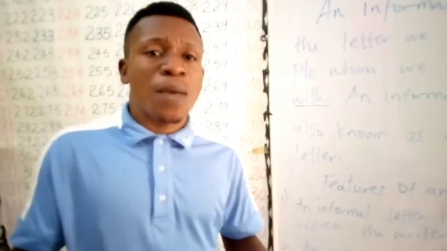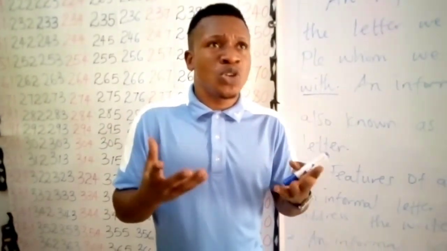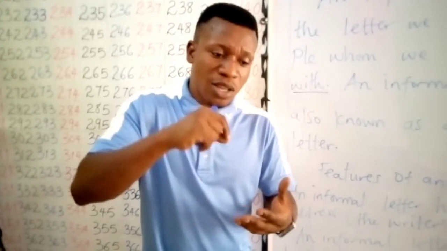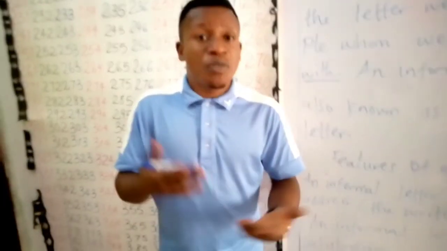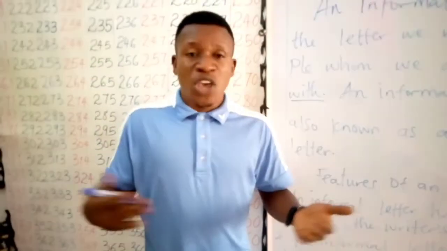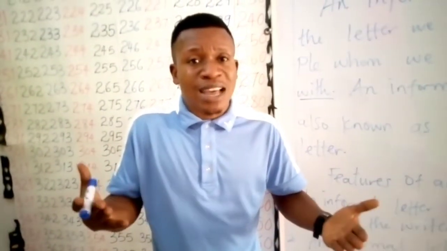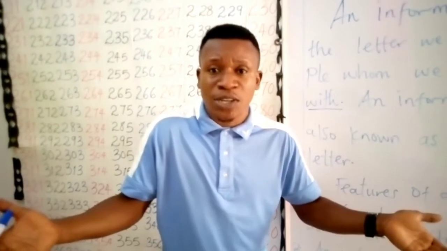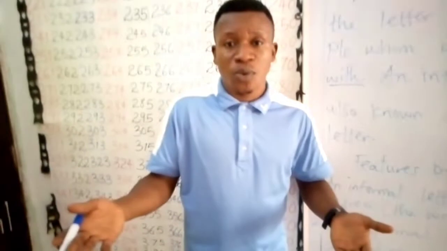Now, when you're writing an informal letter, you don't have to select the words you use most times. We can even add slang to what we're writing. If you're writing to your friend and you both understand the slang you speak to each other, you are free to make use of it in the letter because your friend knows you.